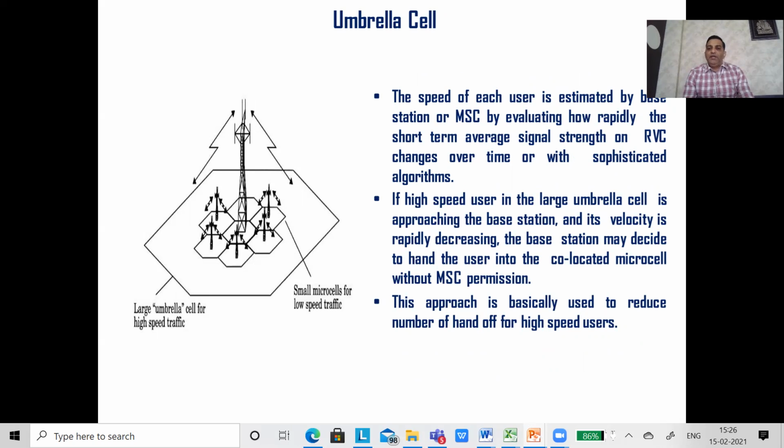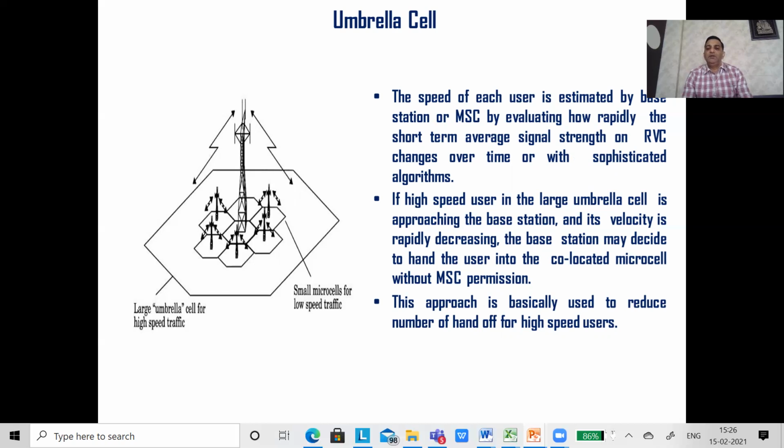The speed of each user is estimated by the base station or MSC by evaluating how rapidly the short-term average signal strength on radio voice channels changes over time, or with sophisticated algorithms. MSC stands for mobile switching center, as we have seen earlier.